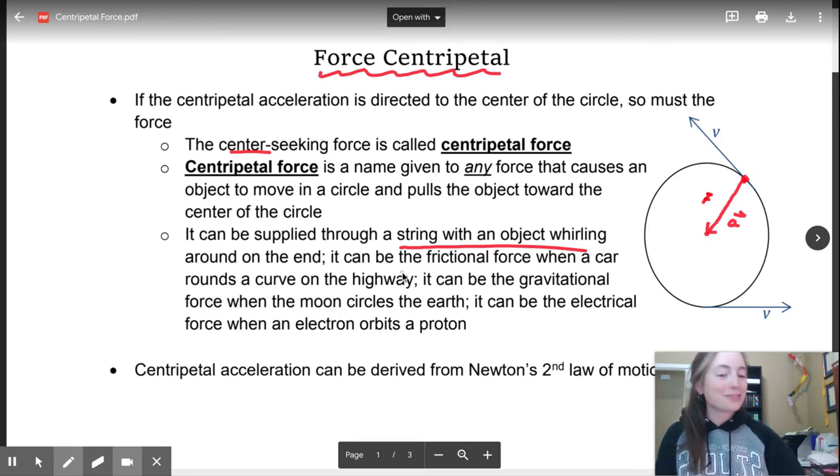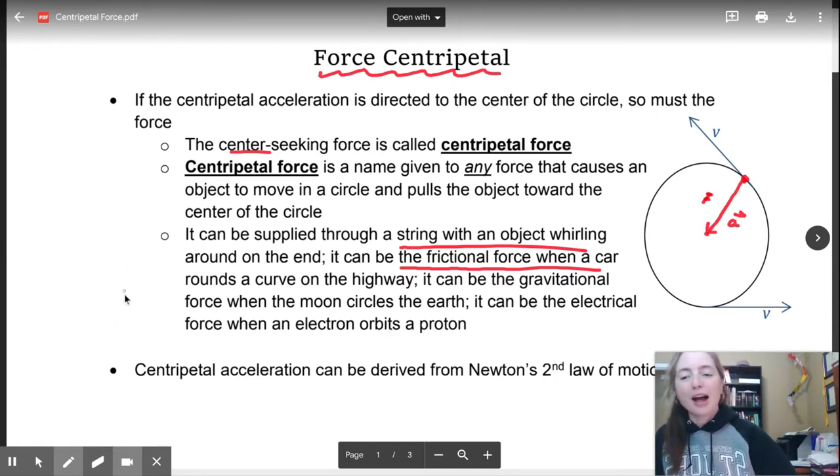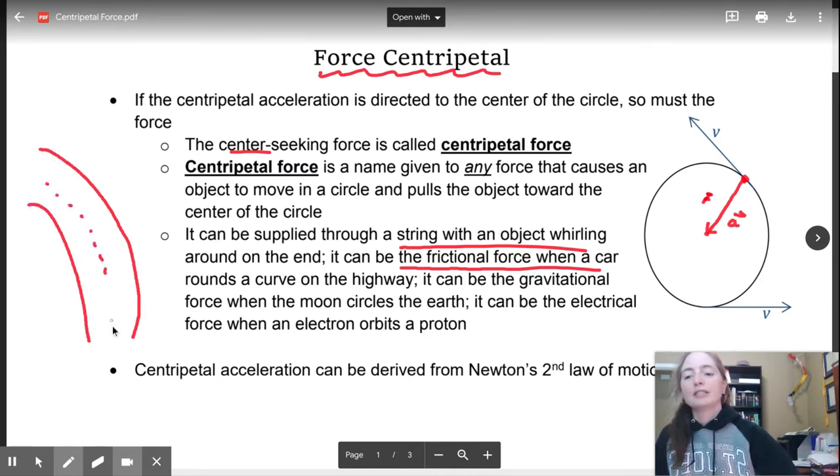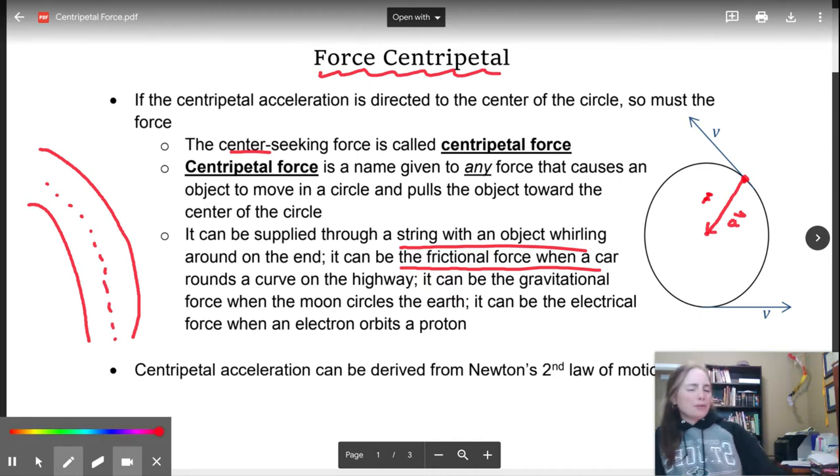Or, this is also important for those of you who are driving, the frictional force when a car goes around a curve. On the highway there's your highway, and there are your dots down the middle of the road. It'll probably be a solid line on a curve.